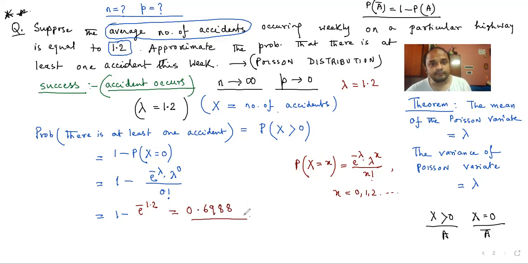0.6988. One more thing I must say to you: whenever you are doing statistical calculations, it is not a universal statement, it is my statement. I always tell the students that whenever you do this kind of statistical calculation, always keep 4 digits after the decimal point.